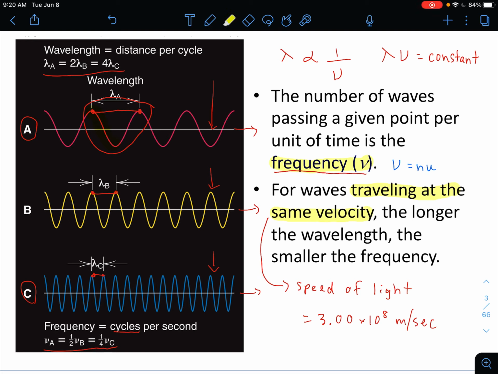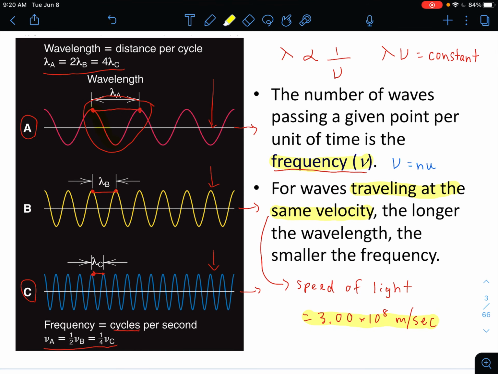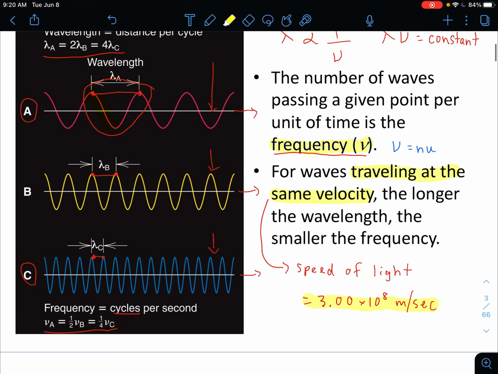Well, what is that constant going to be? It's going to be the speed of light, and we can make sense of that with the units in just a second. Basically we're multiplying a length unit by how many times something is happening per second. So we're going to get length, whatever it is, divided by seconds. So that'll give us a velocity.